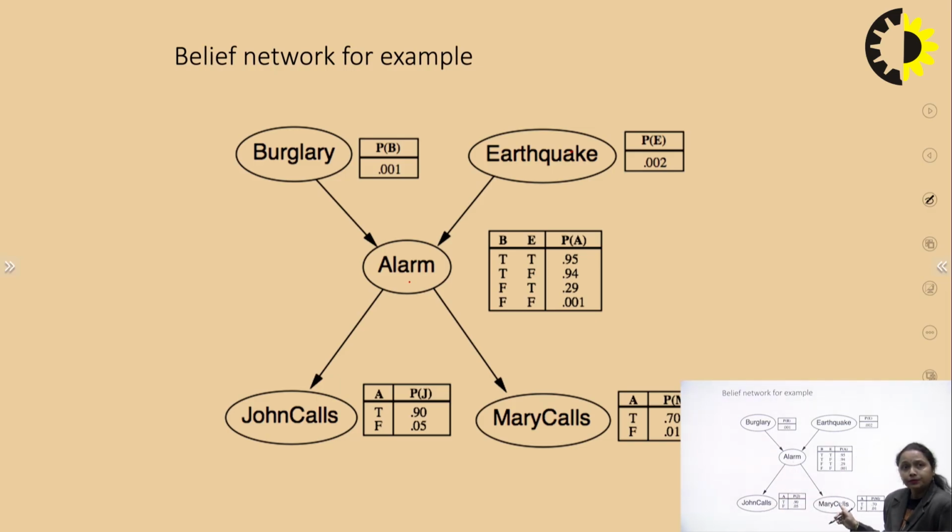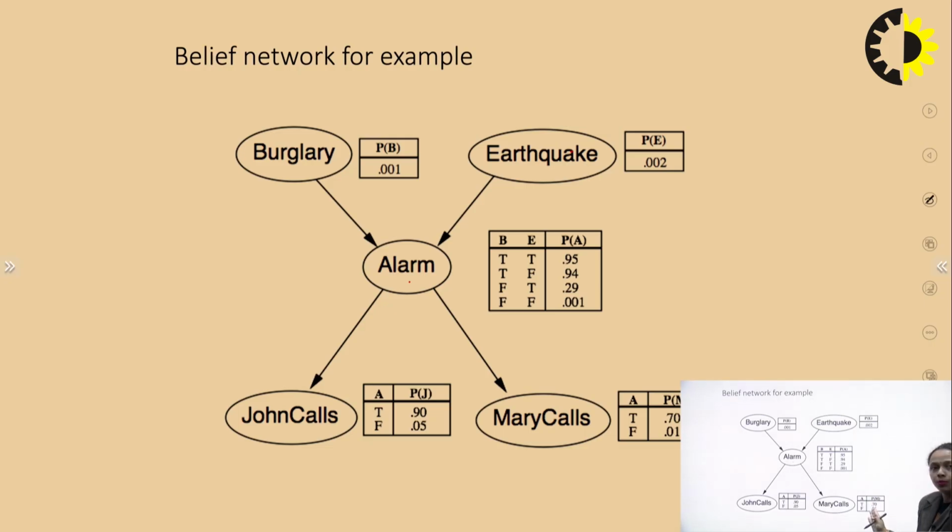Now, this is the belief network data set that is given, these are the probabilities. Probability of burglary is 0.001, probability of earthquake is 0.002, probability that John calls is 0.90 and does not call 0.05.